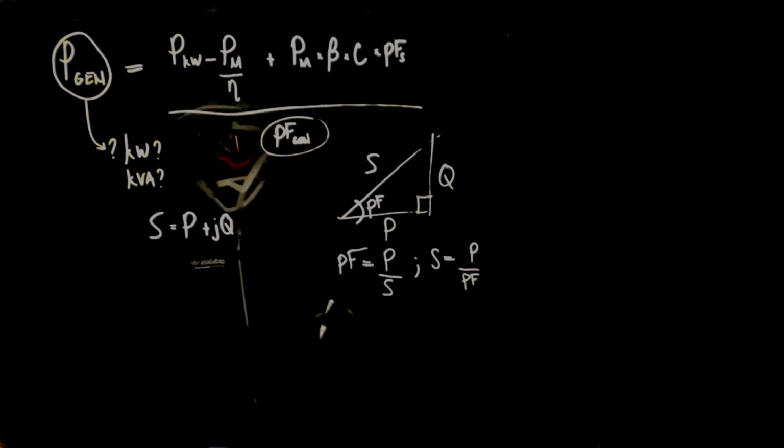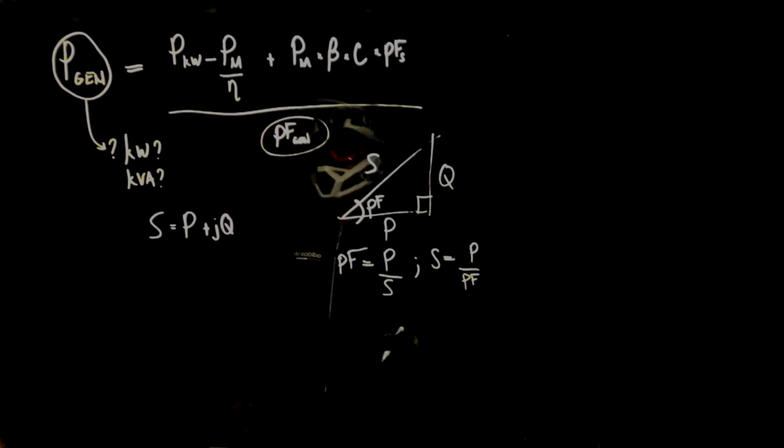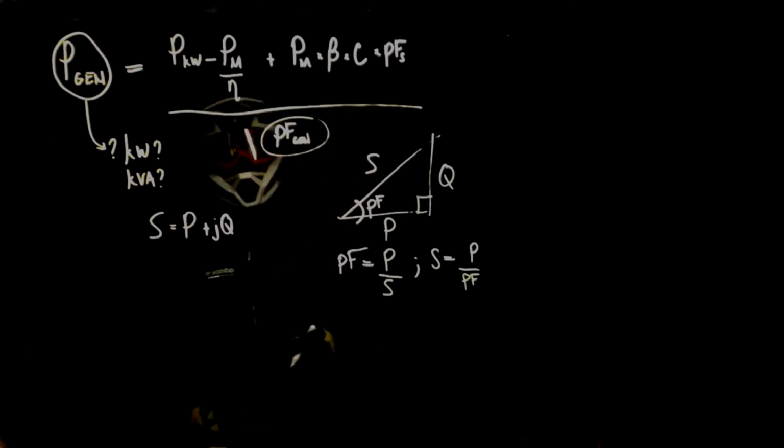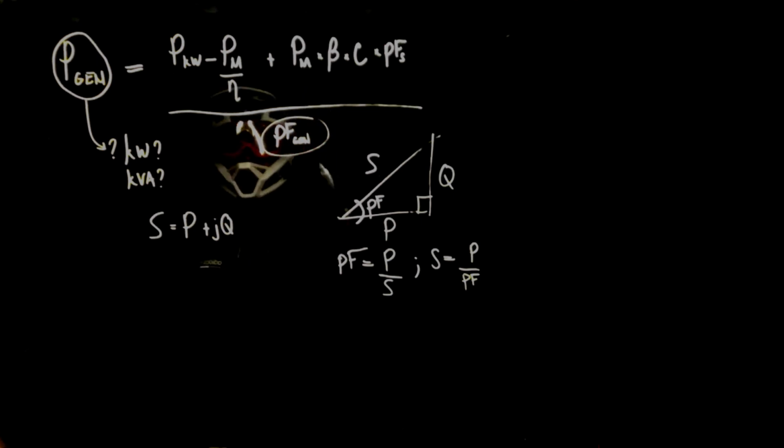So if I see S, that will be in kVA. If I see P, that will be in kilowatt, and Q in kVAR. So here it's a bit confusing, but then I was able to get the meaning of this equation.